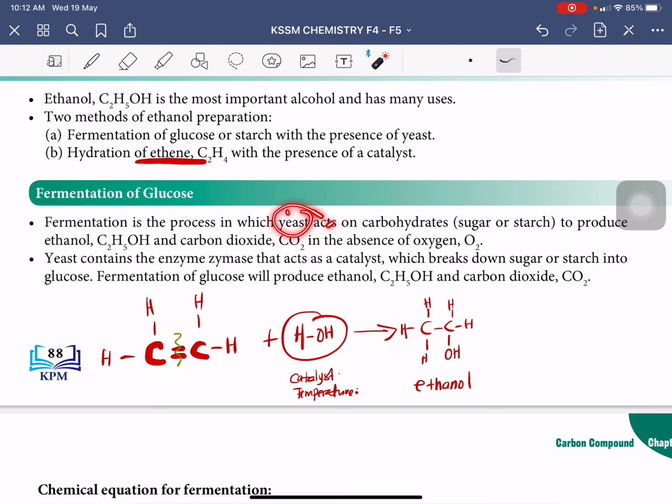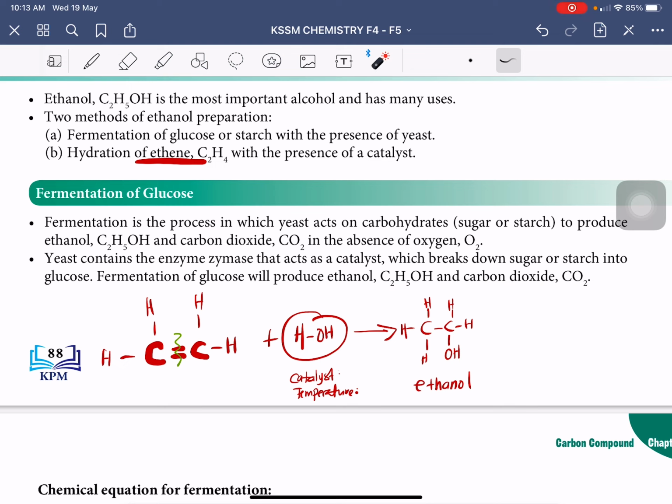The yeast reacts on carbohydrate to produce ethanol and carbon dioxide in the absence of oxygen, tiada kehadiran oksigen. So, what is inside yeast? Yeast contains the enzyme zymase that acts as a catalyst, which breaks down sugar or starch into glucose. So, penapaian glukosa akan menghasilkan etanol dan karbon dioksida.